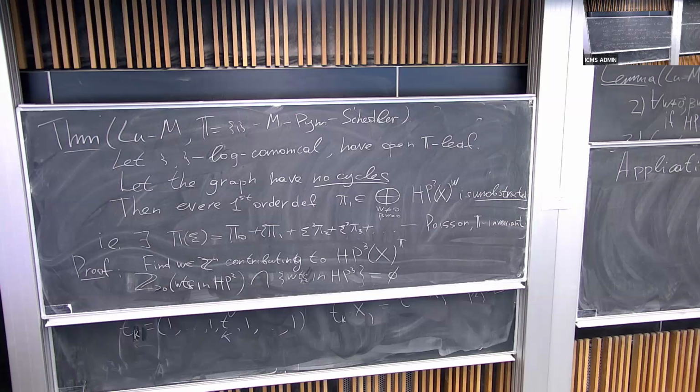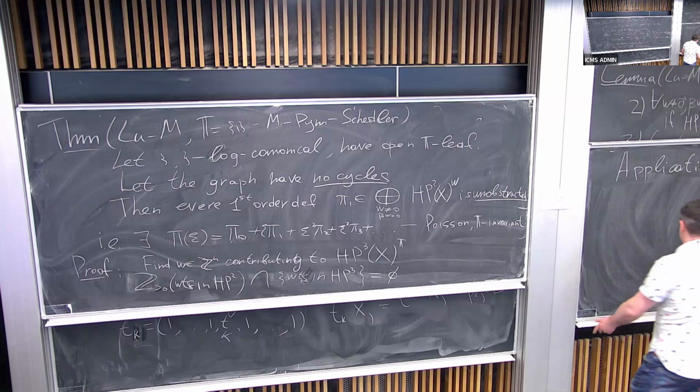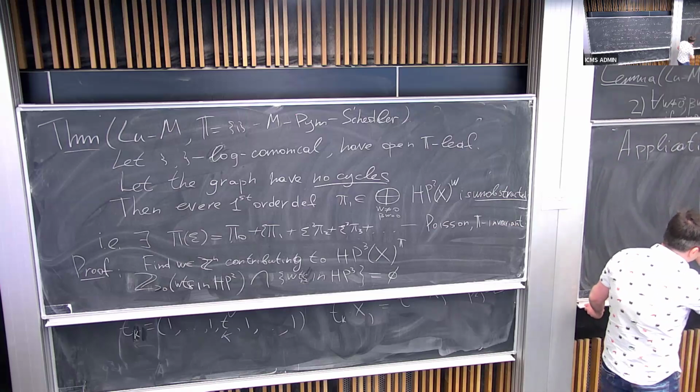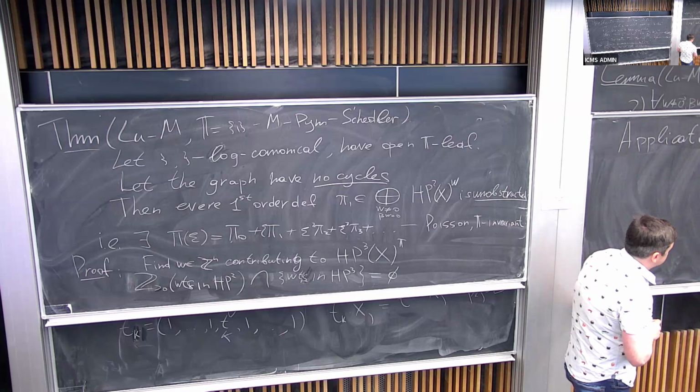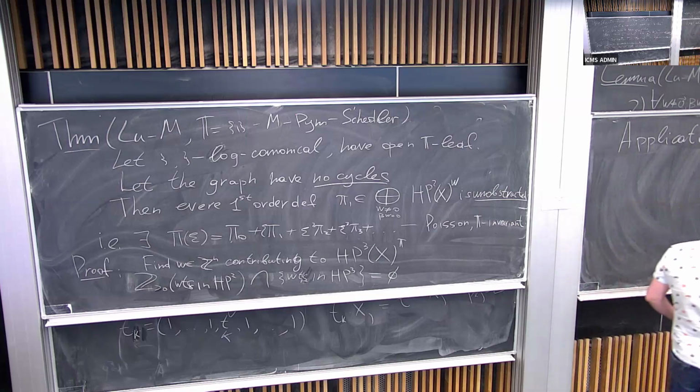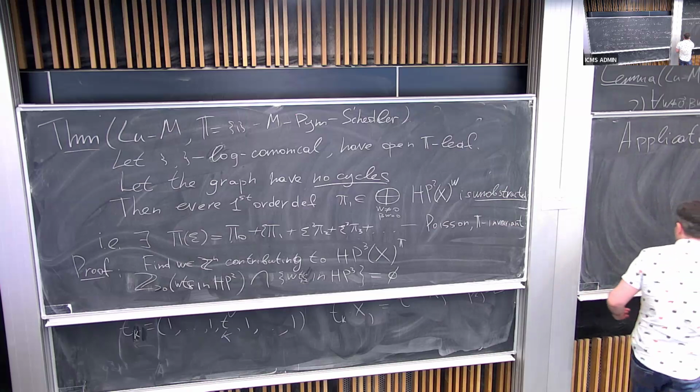And where the Bott-Samuelson variety comes in is that it is a natural resolution of singularities of this Schubert variety, denoted by X_w.